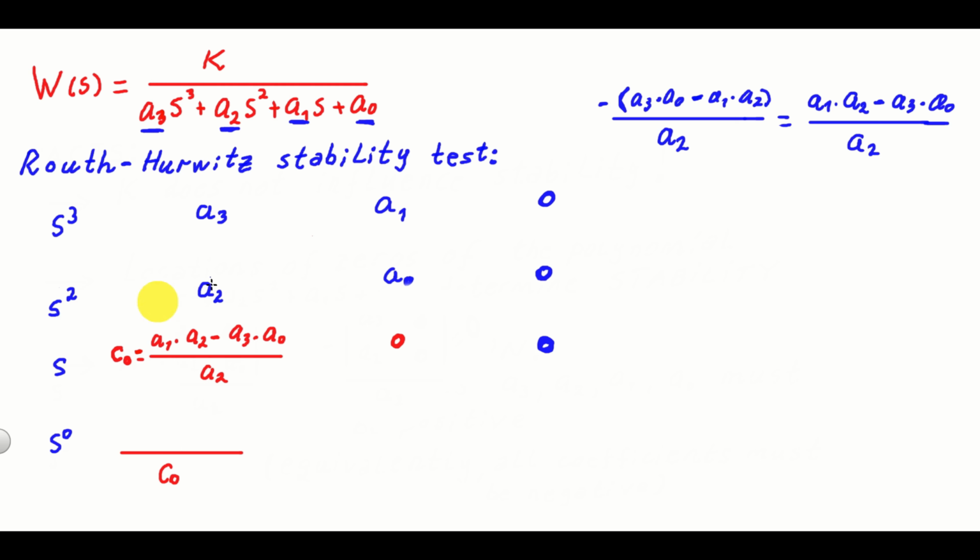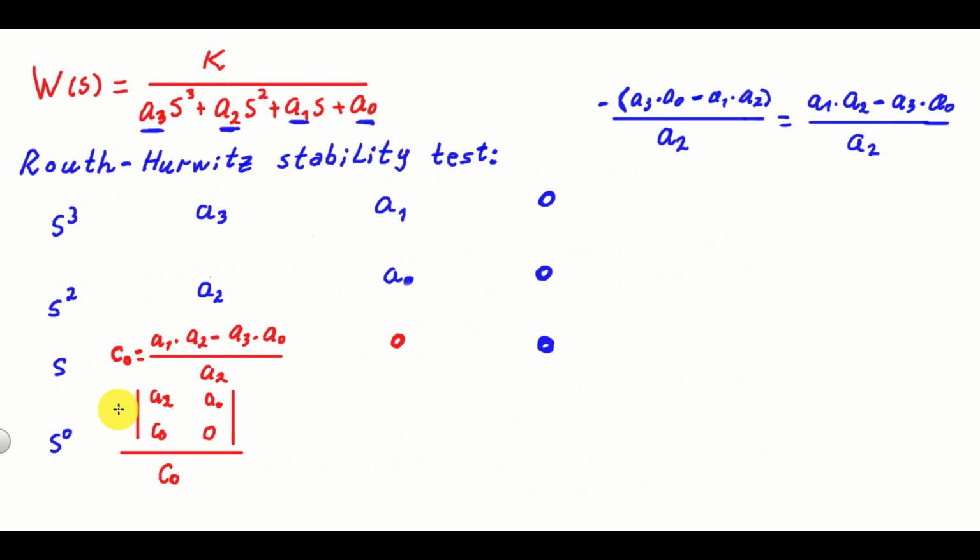Again, we use the same principle. We take this column and we take this column, we compute the determinant with the minus sign. So let's write it here. We will have A2, right? Then we'll have C0, which is this element over here. Then we will have A0, this A0 over here. We will have 0 over here.